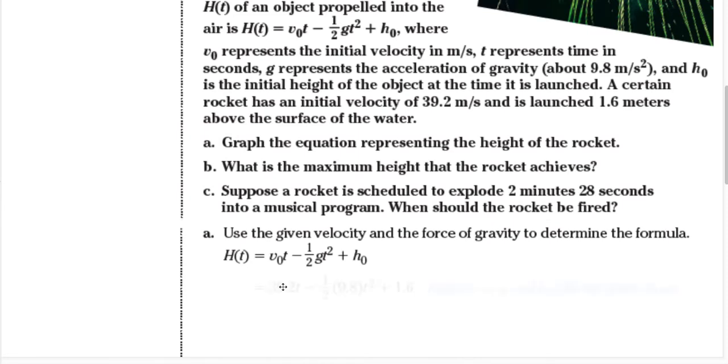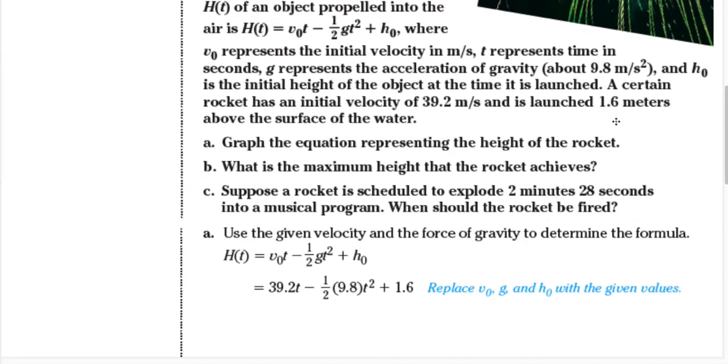So this becomes 39.2t minus 1/2 times 9.8, the acceleration of gravity, t squared plus 1.6. The 1.6 is the h sub 0, which in this case is 1.6 meters above the surface of the water.